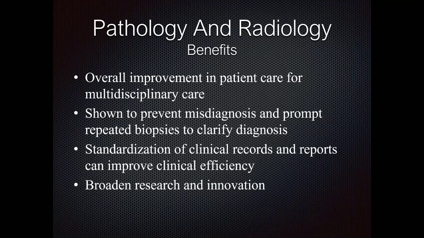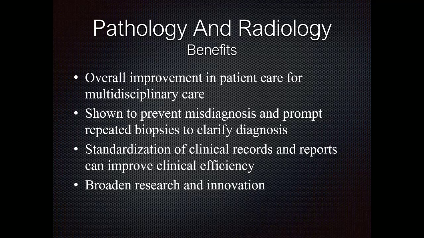The other thing this can do is prevent a misdiagnosis. A lot of times if you have different professions reading different reports, they might catch things that don't make sense, and so you have to defend those or get those clarified. The other thing this can ultimately do, and it hasn't gotten there yet, and we'll definitely talk about this in our lab operations lecture, is standardization of clinical records.